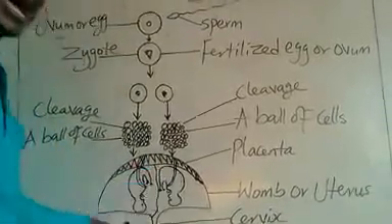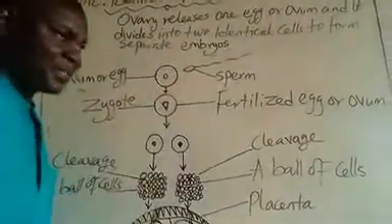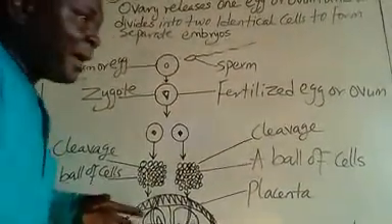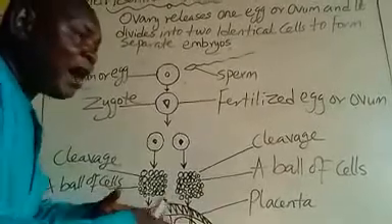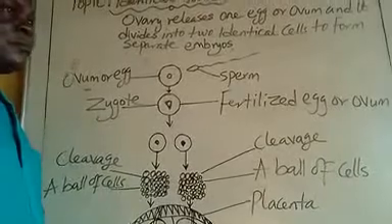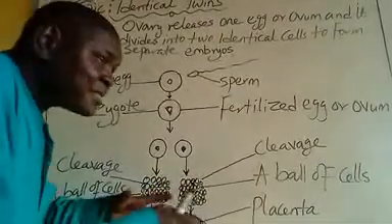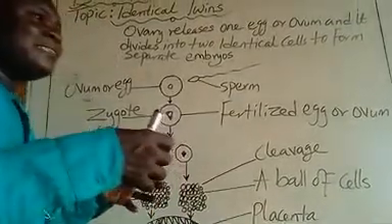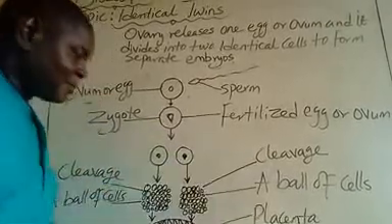And these babies are identical in all respects. They have the same genetic characteristics. They have the same inherited characteristics. Okay?